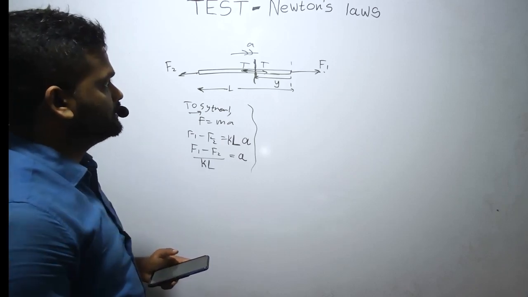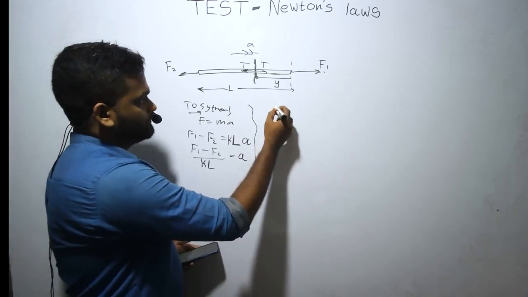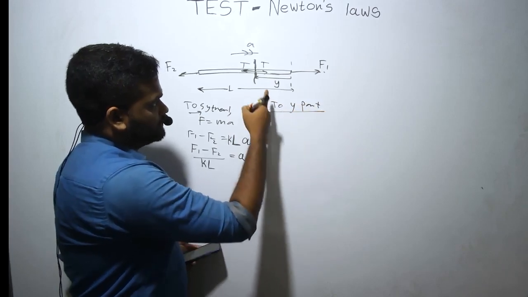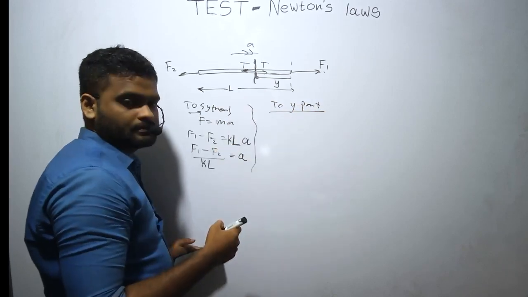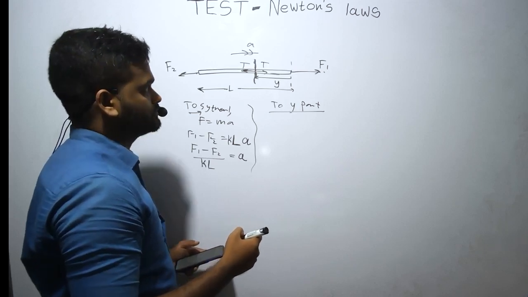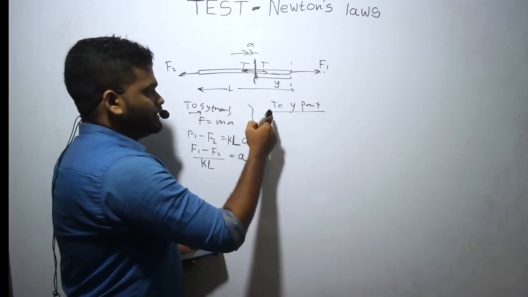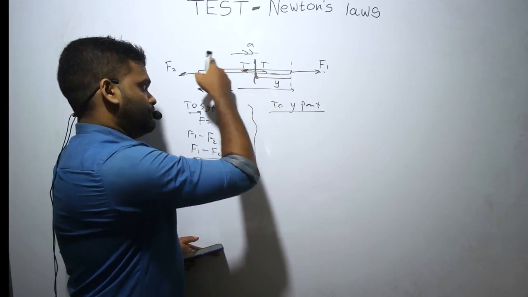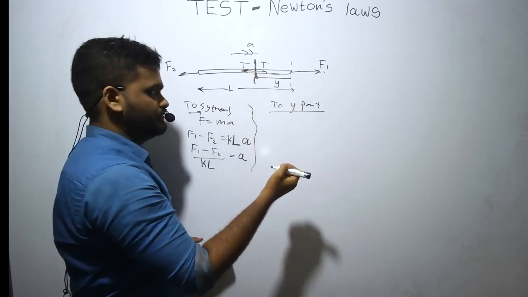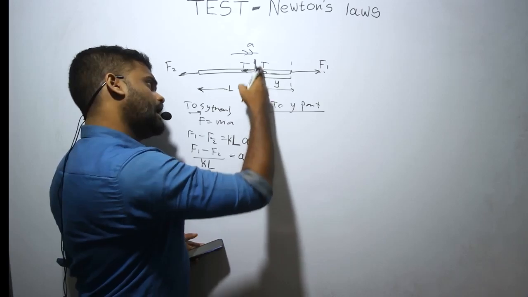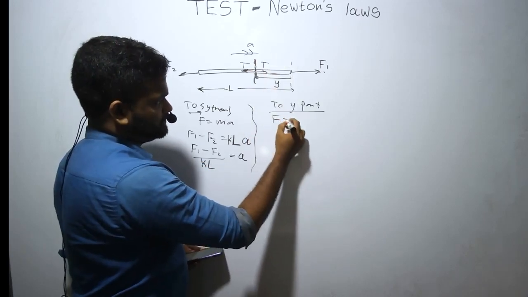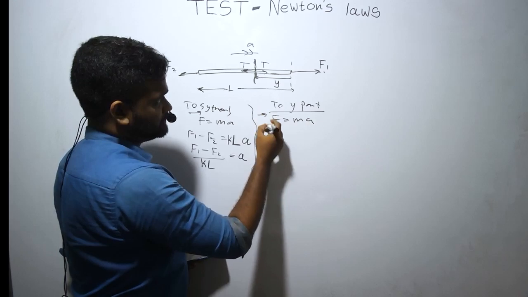Then we need to find the tension. So to find the tension, I'm going to apply to this side. You can apply to either side; it doesn't matter which side you apply that. I'm applying to this part. Now carefully think about the forces acting on that part.